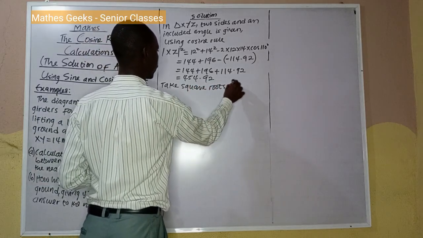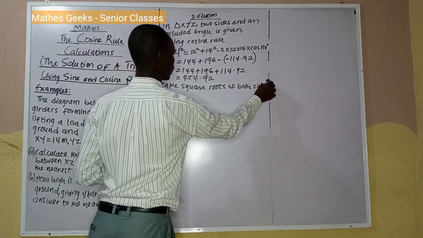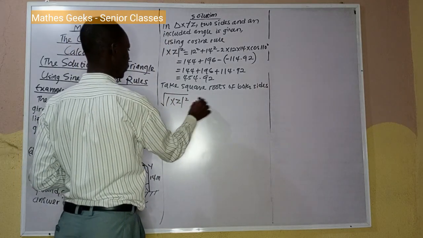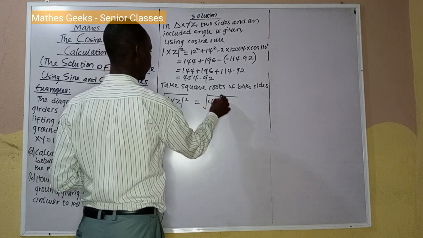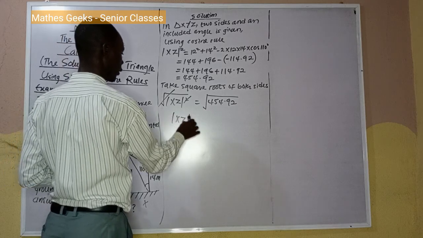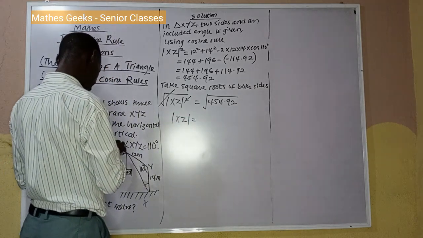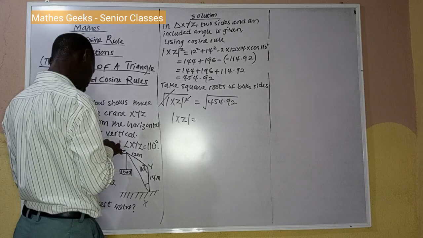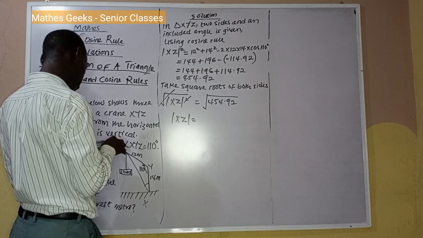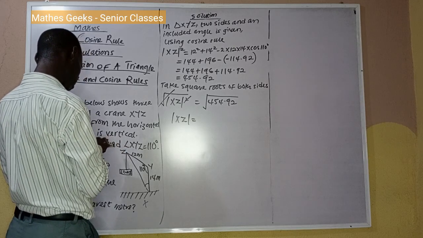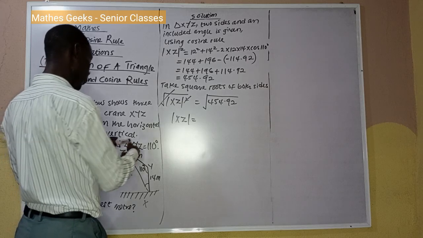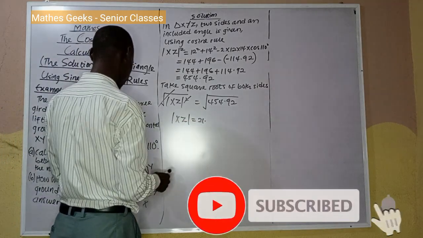So XZ squared is 454.92, and the answer, line XZ, is equal to 21.3333.